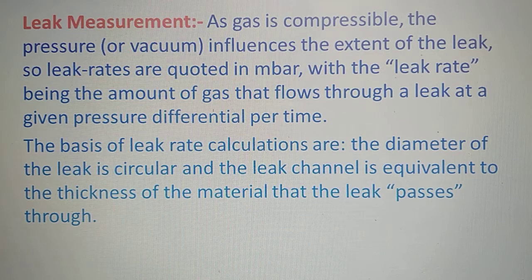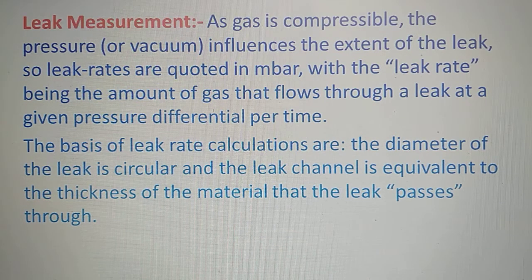Now how do we measure the leak, whether that leakage is huge or small, and if it is huge or small, how do we reduce it? In the case of leak measurement, as the gas is compressible, the pressure or vacuum influences the extent of the leak. The leak may increase.